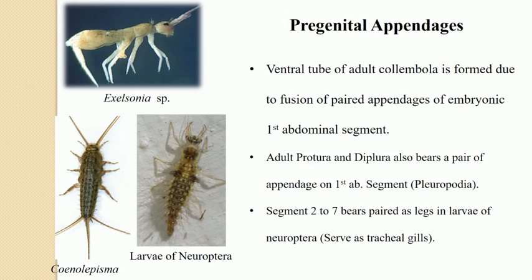So this can also be referred to as the pregenital abdominal appendages. In Pterygota, however, they continue on a few segments and are widely modified among the different groups of pterygotes, and we have to learn that one by one.